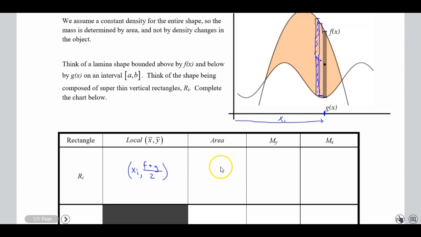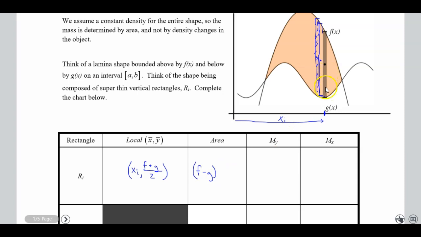The area is going to be the length times the width for this rectangle. So how high is this rectangle? It's this top minus the bottom, right? So f minus g is the height, of this particular xi.